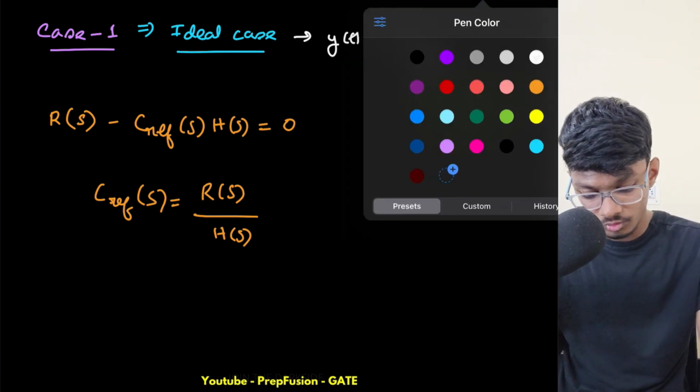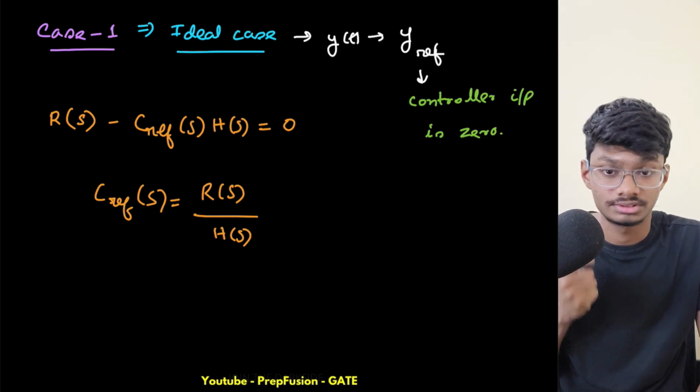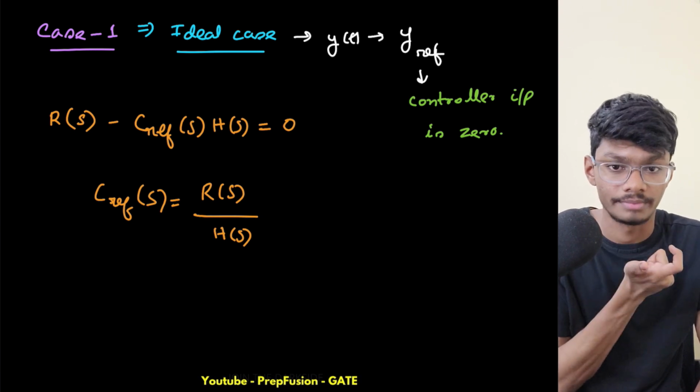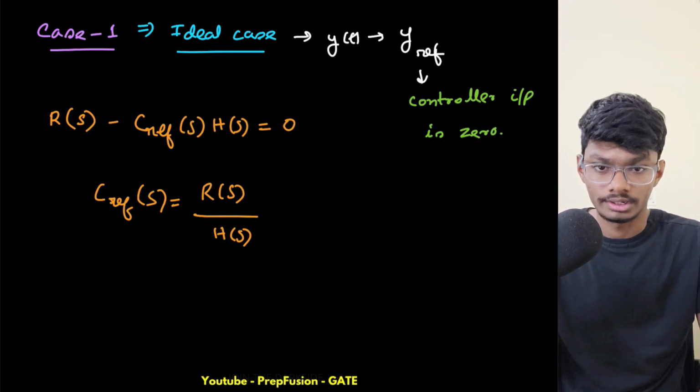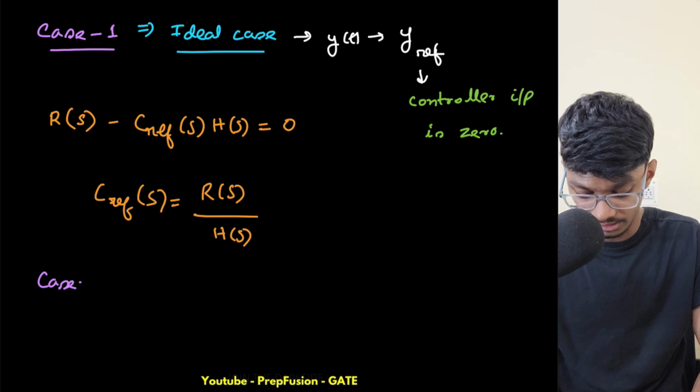Now we'll go to case 2. Now we are interested in the actual output. Actually what output am I getting when my system is not ideal, when my system is practical?